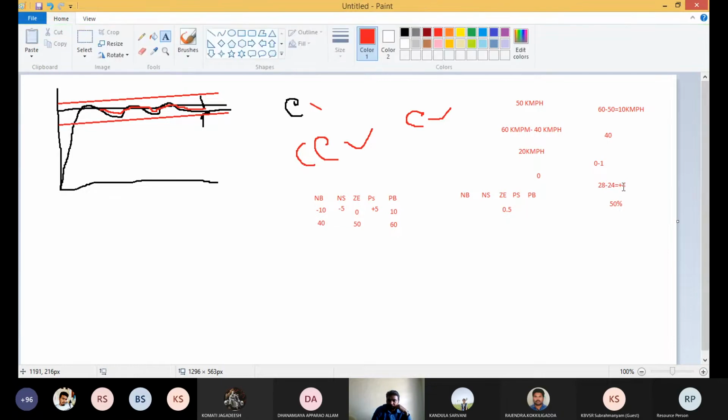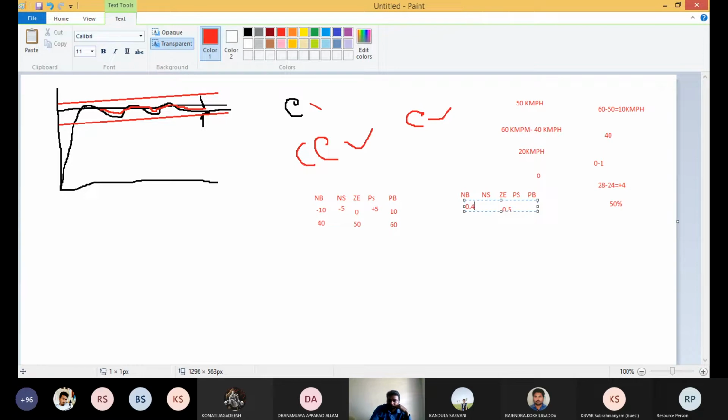Corresponding to the deviation of plus 4, the negative big may be 0.4 or the positive big 0.6, and here 0.45, or the positive small is 0.55.